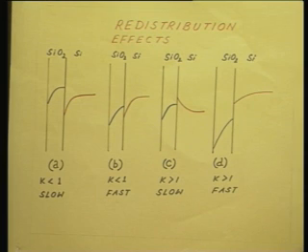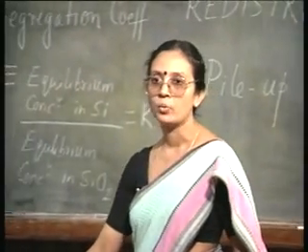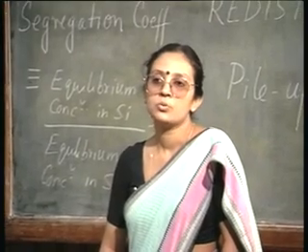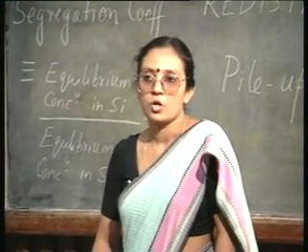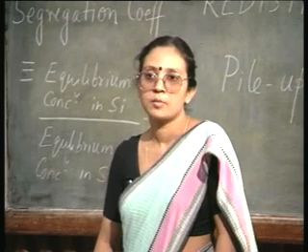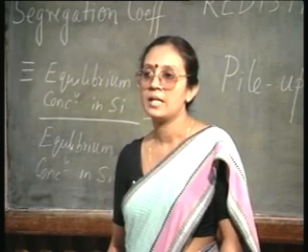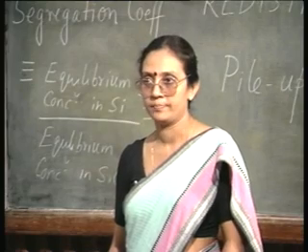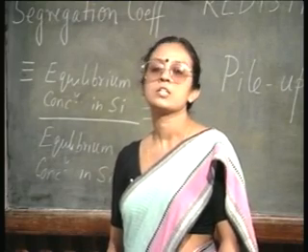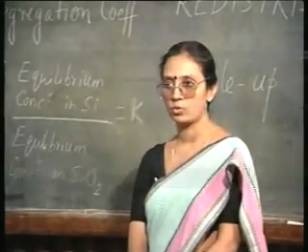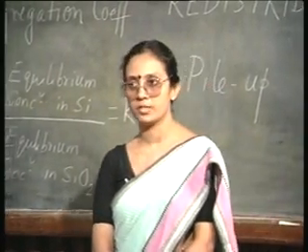Now, in the light of these 4 cases, let us see whether we can take a look once again at the oxide thickness problems on a heavily p-type and a heavily n-type silicon. That is to say, suppose I have a silicon wafer which is heavily phosphorus doped, N plus with phosphorus.